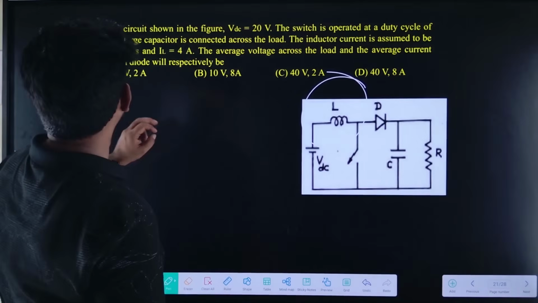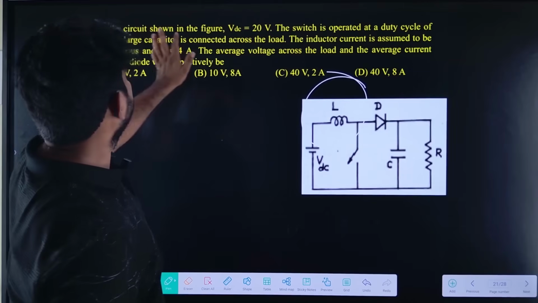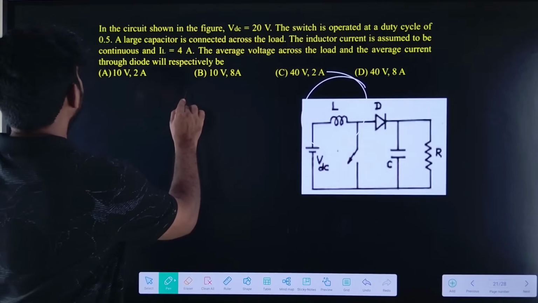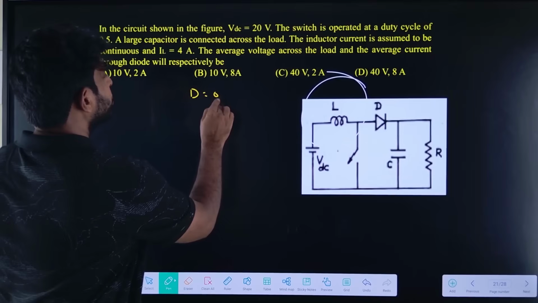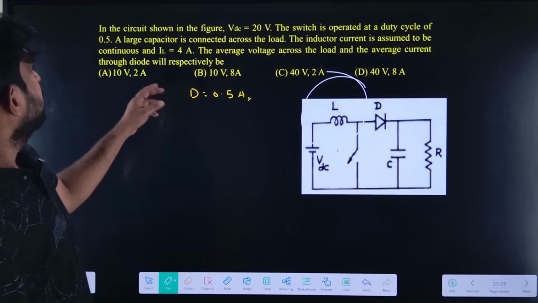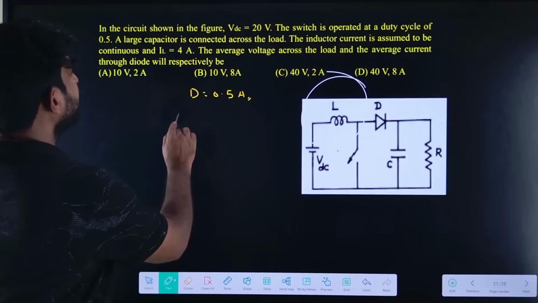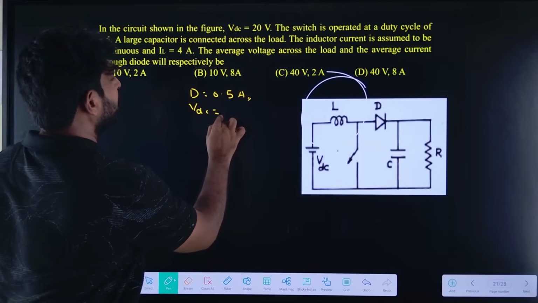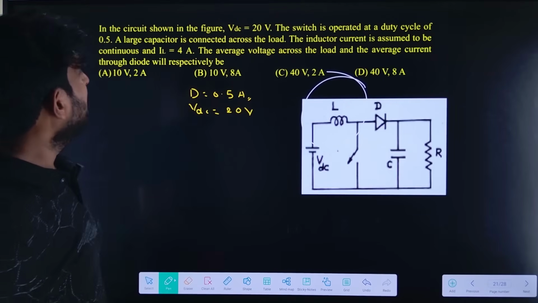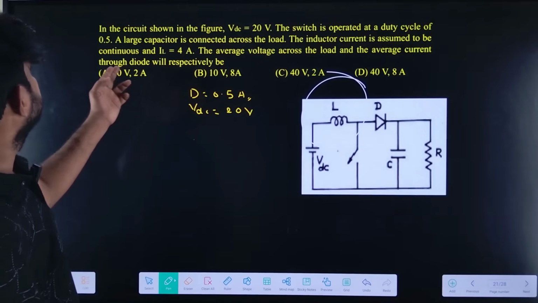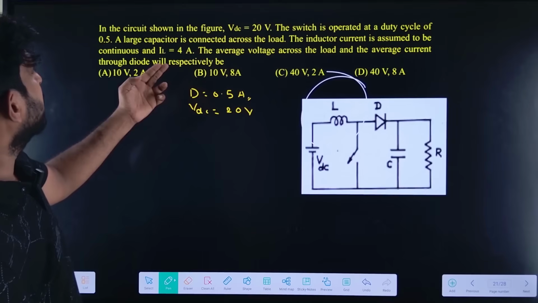The switch is operated at the duty cycle of 0.5. VDC, that is the input voltage, is given as 20 volts. The current is assumed to be continuous, and 0.5 amperes is connected across the load.